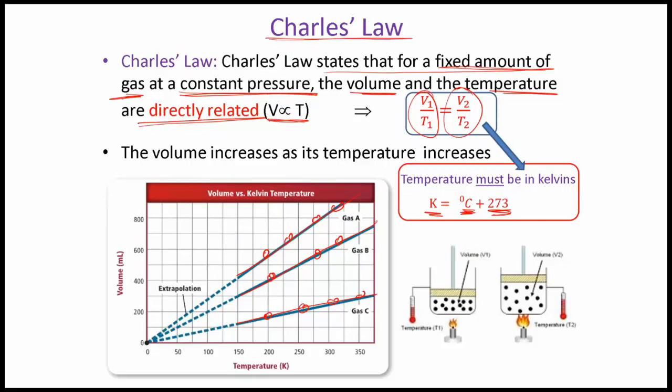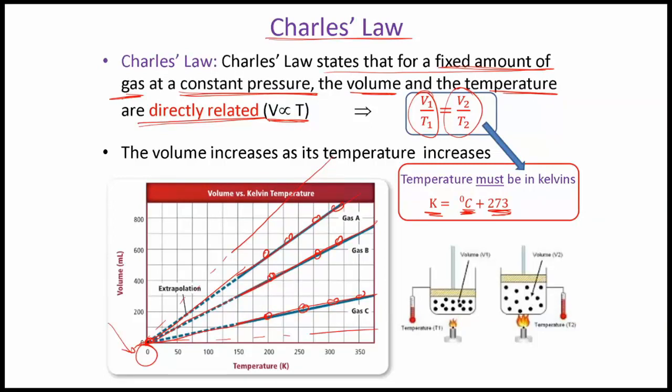What is it? He found that if he extends the lines, if he extends those lines, they will meet in one point, the same point. All of them will meet at the same point. And he found that this point is 0 Kelvin. All of them will meet at 0 Kelvin.